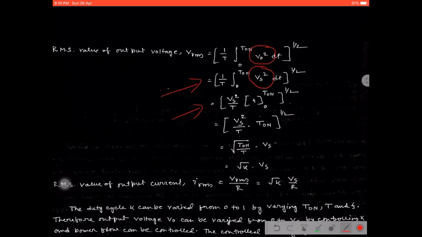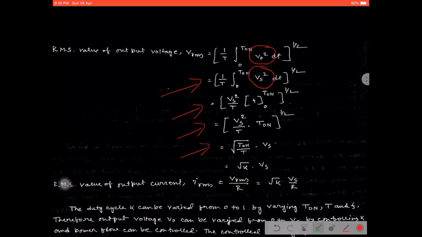As root mean square, we are going to calculate the RMS value. All the steps are given over here, and ultimately we will get the result, that is root K Vs. Okay, in which K equal to duty cycle, and that is defined by T on by T.